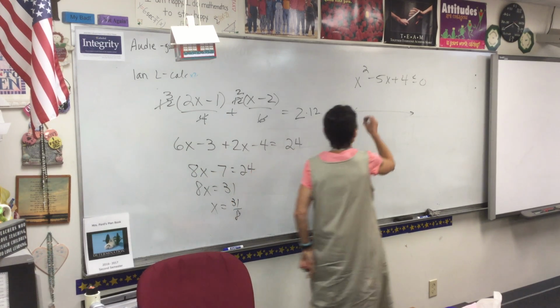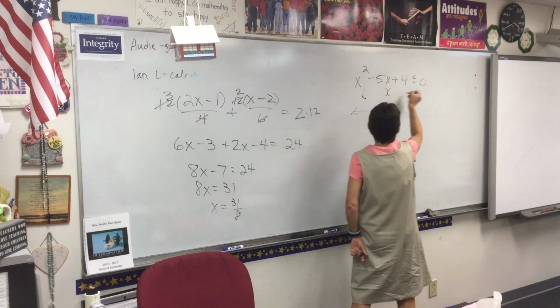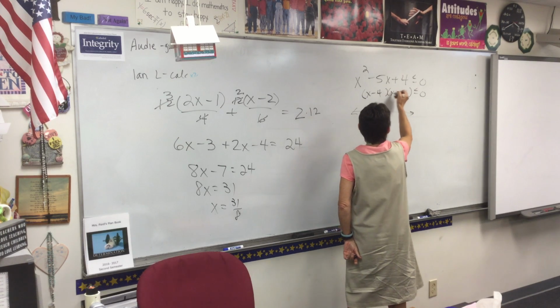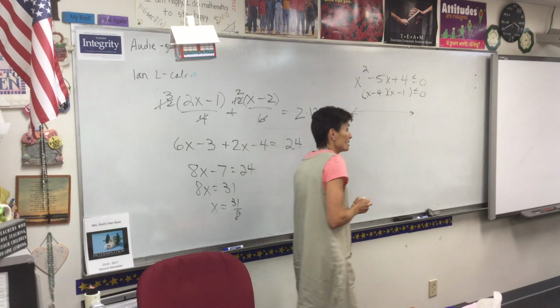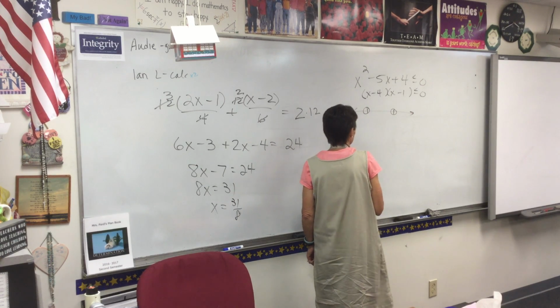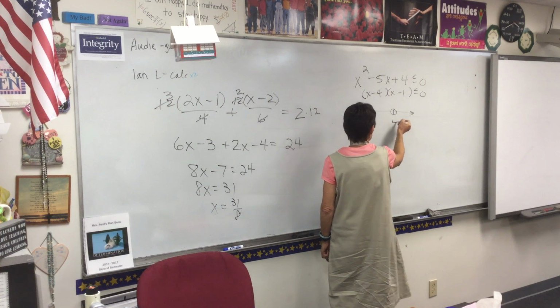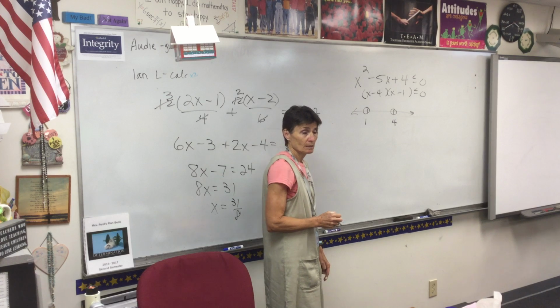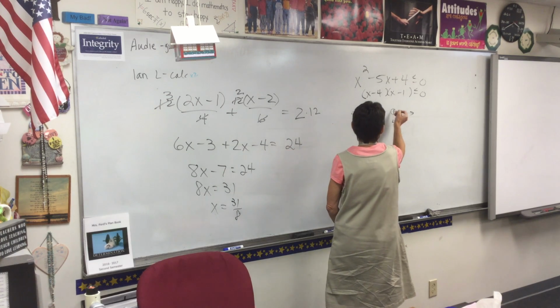I'm going to factor. So this one factors as minus 4 minus 1. So where will the 2 dots on the number line be? At 1 and 4 in order. And they'll be colored in this time, right?